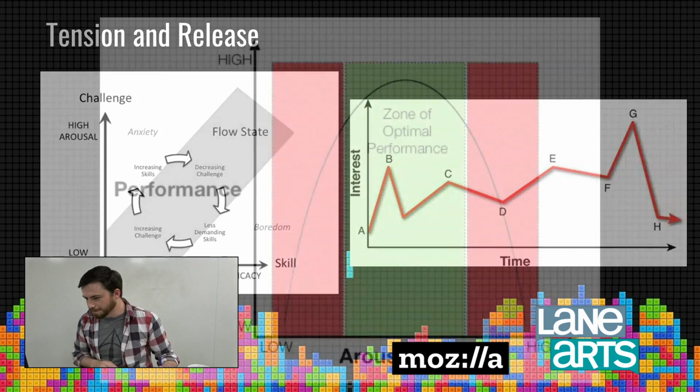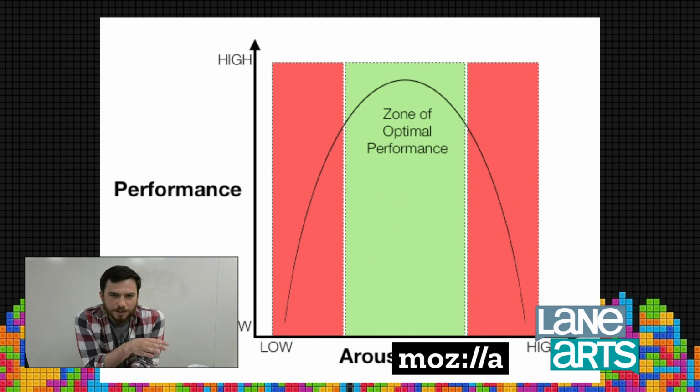Okay, let's keep going. Now, I put this last one in here because I know that's a lot of information. So this one's nice and simple. You can burn this one in the moment, in the heat of the moment of teaching, everything going on. Just remember this one. Too low, boredom. Too high, panic attack. Right in the middle, green zone, zone of optimal performance.